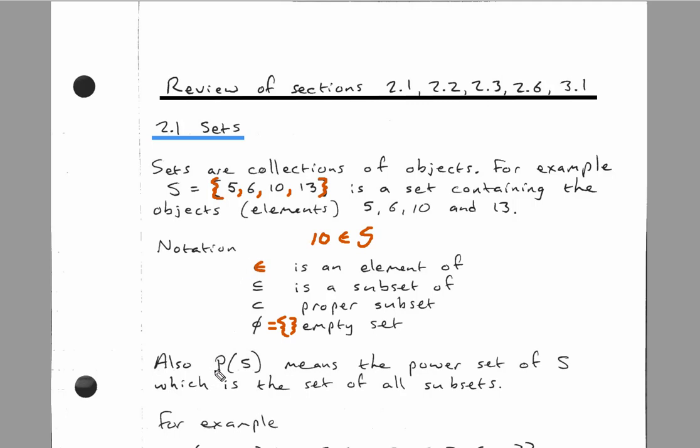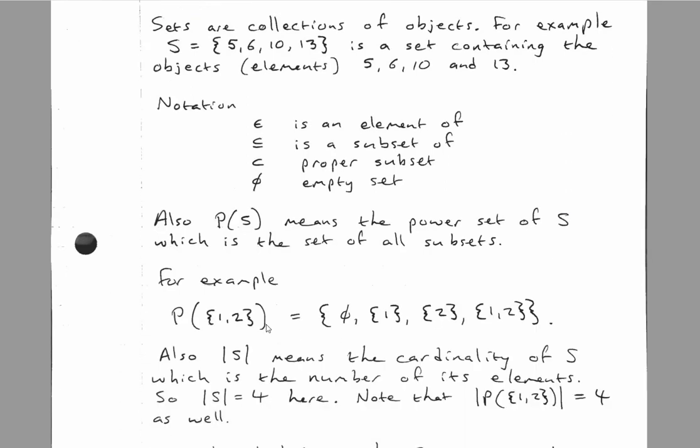More notation. The set of all subsets is called the power set. P of S is the power set of S. For example, take the set containing just the numbers 1 and 2.